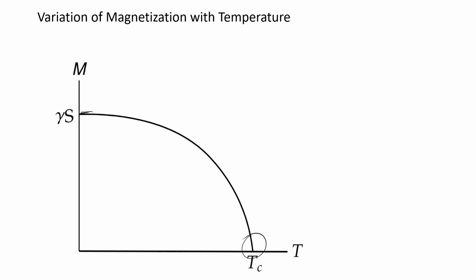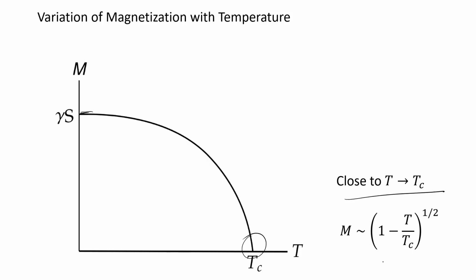And this behavior is important: close to T equal to Tc, the magnetization goes as 1 minus T by Tc to the power half, and this is the hallmark of mean field theory. This is the feature for the behavior of magnetization.